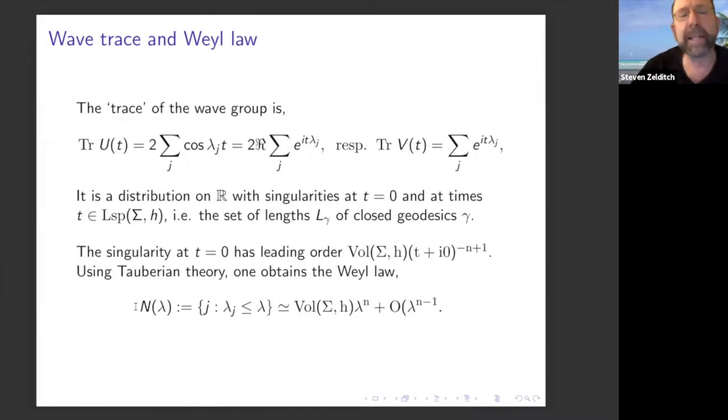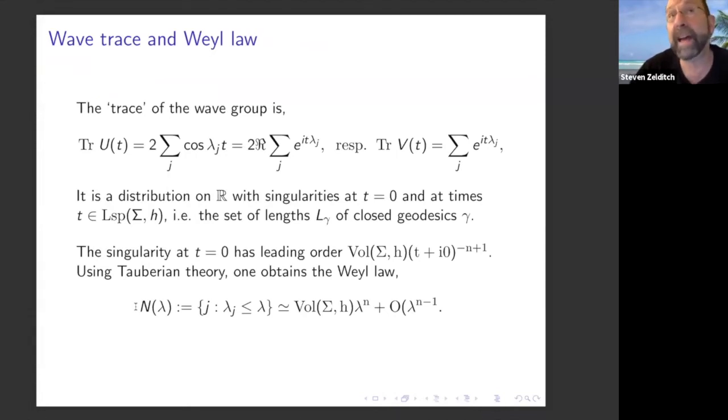Okay, so that's the propagator in non-relativistic quantum mechanics, or for the wave group. The wave trace is the trace of the wave group, and that's a tempered distribution. So if I use the matrix, I get the cosines. For some things, there are advantages in using the half wave group, V of t, the trace of e to the it root Laplacian, and then you get these summations of e to the it lambda j.